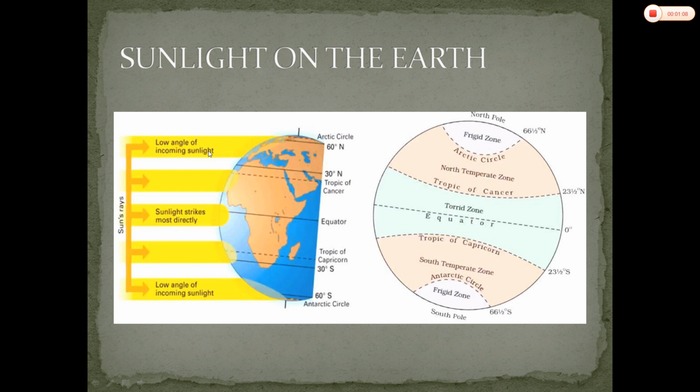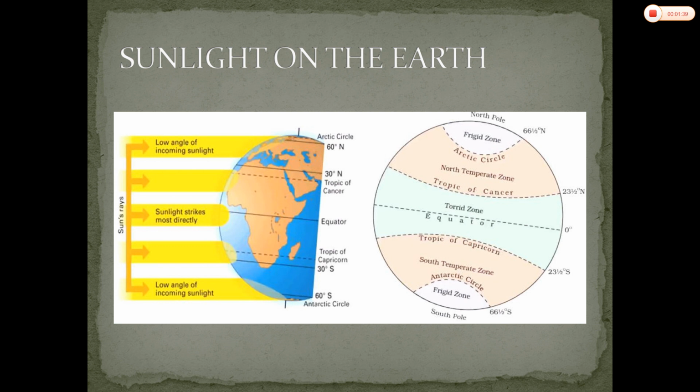Okay, why is it falling in a tilted manner? Because the earth is spherical, and as you can see on the cursor, as I'm moving the cursor at this place, you will see that the surface of the earth is slanting to the sun rays, and therefore at the center of the earth the sunlight is falling more in comparison to any of the other zones or regions of the earth.